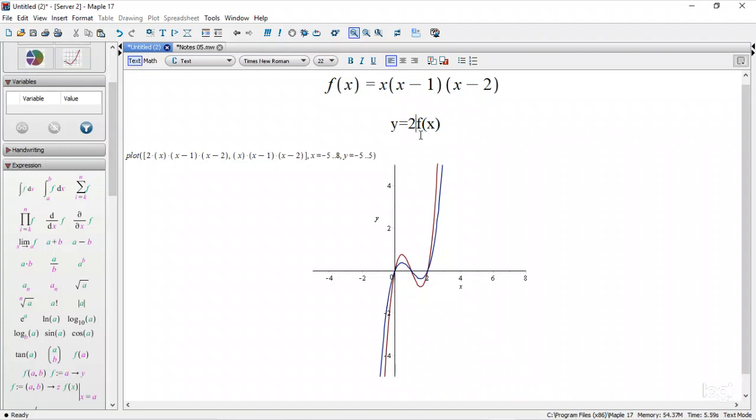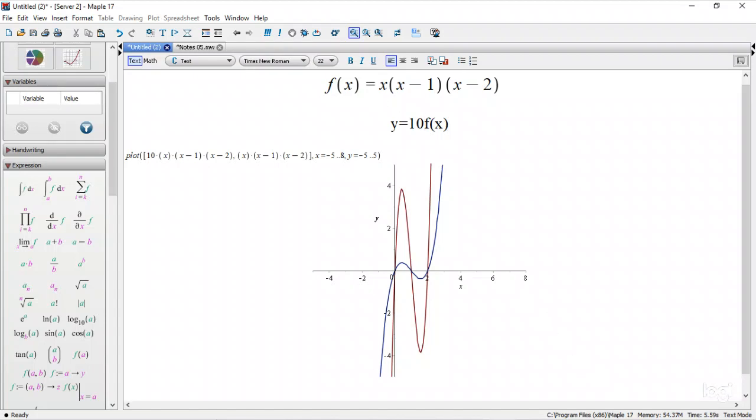So let's say this is 10f(x). Then let's see the difference. So this is if it is 10. You can see the maximum of the yellow graph, blue graph maximum, and red graph maximum. This is the stretch one.